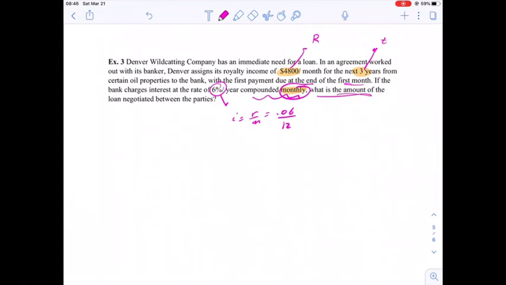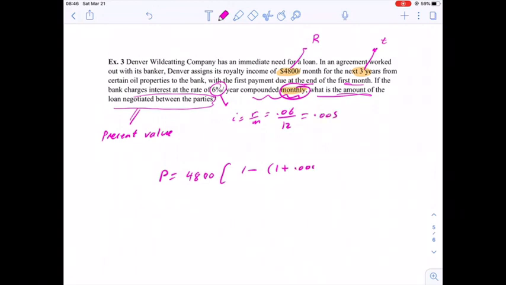So we want to know what is the amount of loan negotiated between the parties. That means we're asked to find the present value of this ordinary annuity. P is 4,800 times (1 minus (1 + I)) with I equal to 0.005, raised to power negative 36. Why? Because here we have n.